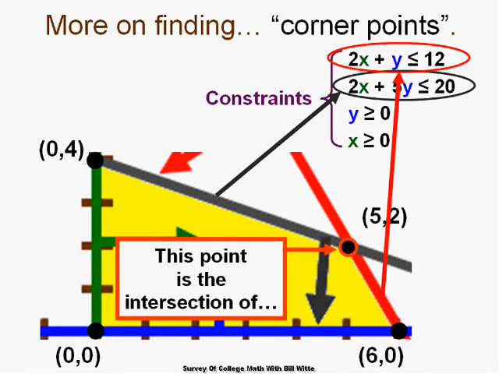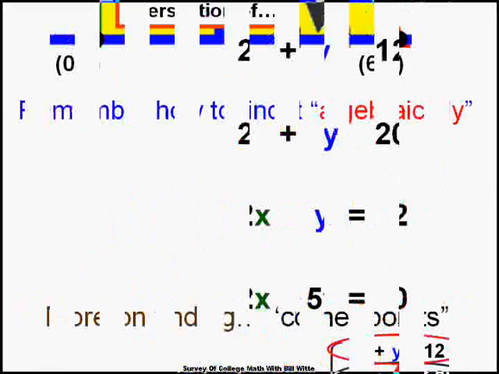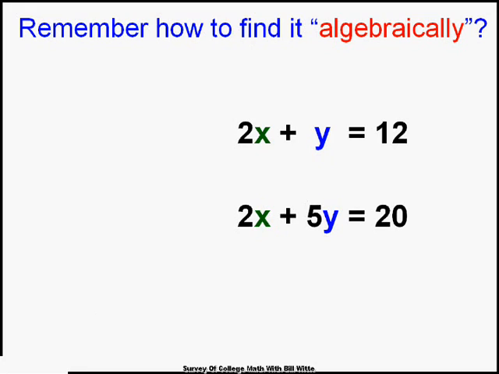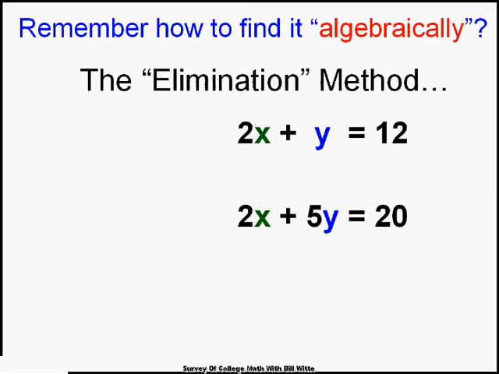If you couldn't see it, and you wanted to find the exact intersection of those two lines, you remember how to find it algebraically? That's what we did on the first day. And we had really a couple methods for that. Remember the elimination method. We called it the addition method. What we did was we multiplied one of the equations by some number so that one of the letters would cross out.